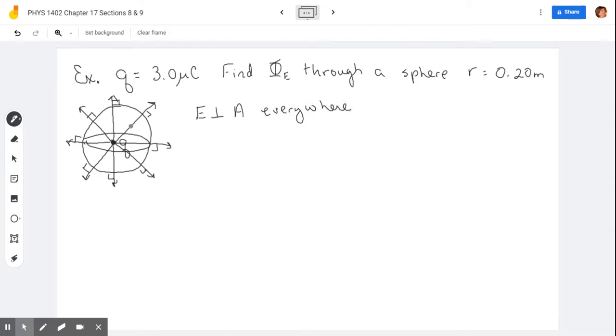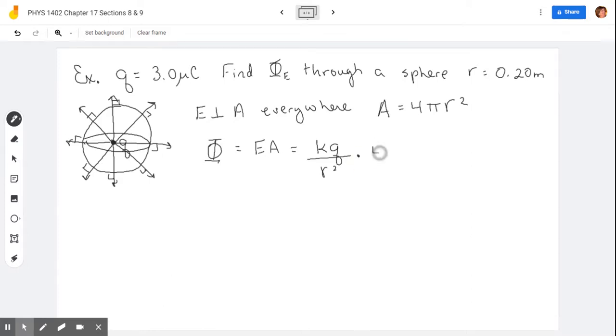Now, what's the area? Well, the area for a sphere is 4 pi r squared. That means that our electric flux is E times A. For a point charge, this is a point charge, the electric field is kQ over r squared.